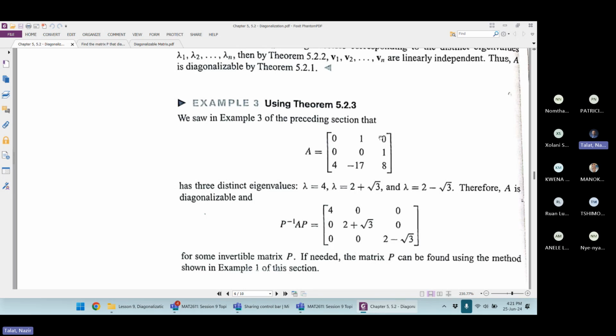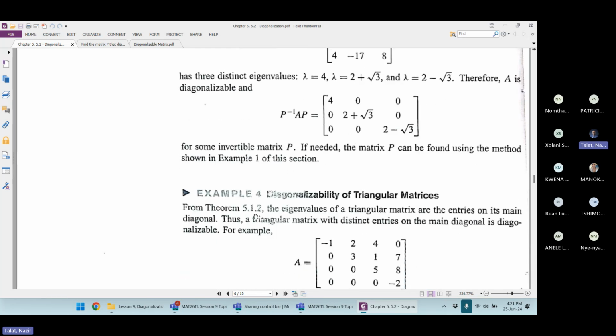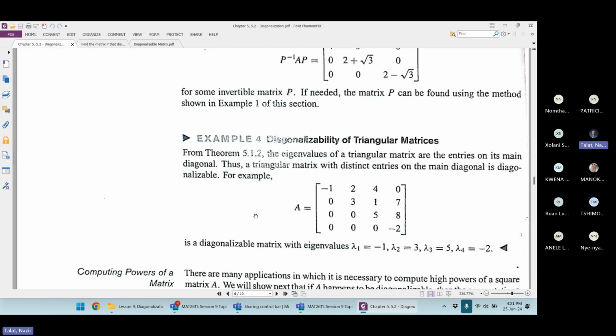And remember, the matrix P is built with the help of eigenvectors, and the matrix D has the eigenvalues on its diagonal entries. So these are the results about that one.